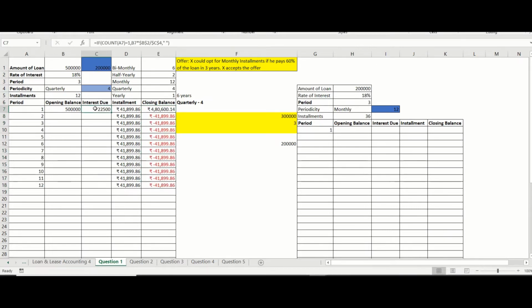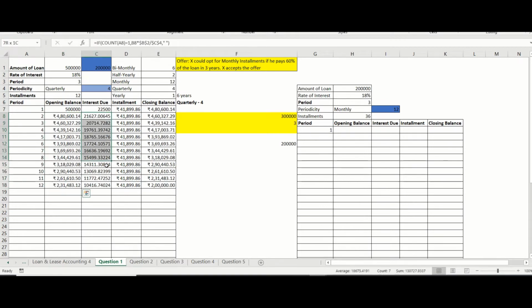Let me drag interest also. What is my opening balance of the second installment? Closing balance of the first installment, right? Let me round this off. I'm decreasing the decimal places.